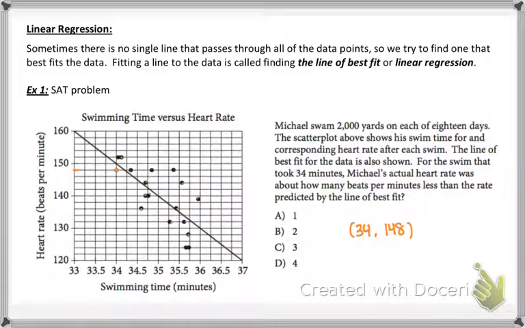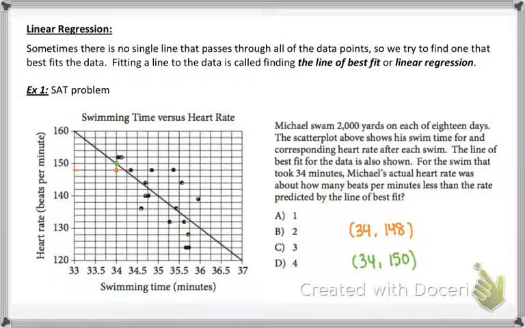So according to this line of best fit, which helps us make a prediction, the prediction is that if his swim took 34 minutes, his heart rate should be right here, according to the line of best fit on this line, 34, 150. That's the prediction.